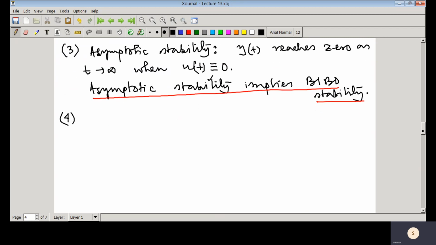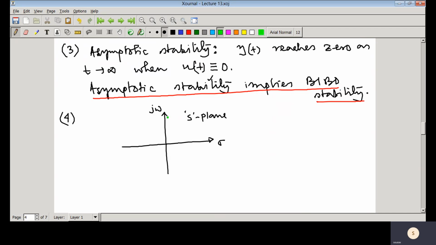So here we'll see that if any pole of a transfer function lies in the closed right half of the S-plane. So here we'll be just considering this S-plane. That means this is sigma and this is j omega.